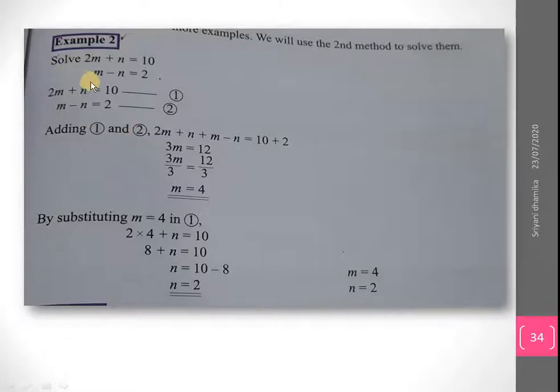Then take the sum of the terms of both equations here. This is the sum of the right side values of both equations. Now you can see here 2m plus n plus m negative n. Then this can be cancelled, positive n and negative n.